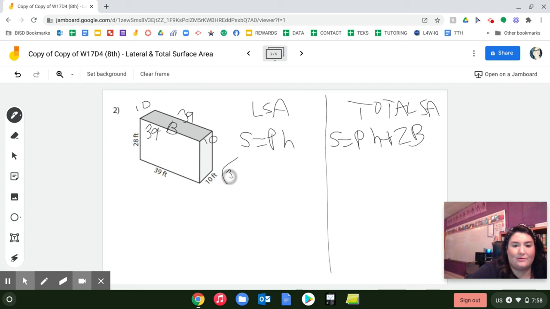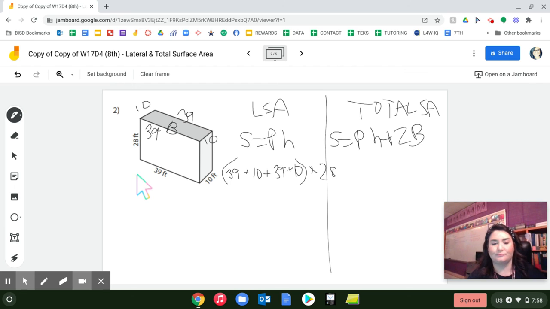So that would be 39 plus 10 plus 39 plus 10 times the height. The height is always going to be the extra number that we're not using on the base. So times 28. When we do all that, our answer is 2744.